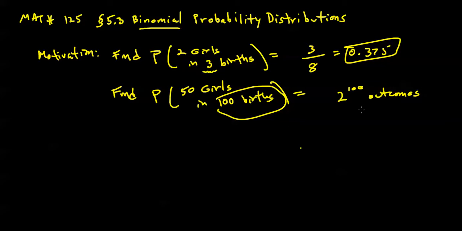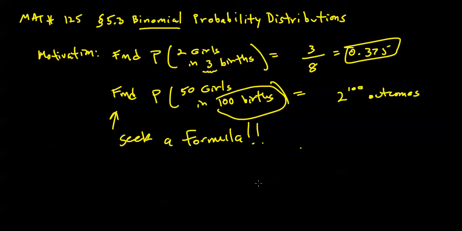So we need a formula that can handle situations like this without listing the sample space in a brute force method. And there is a binomial probability formula that we're going to talk about today in this section.